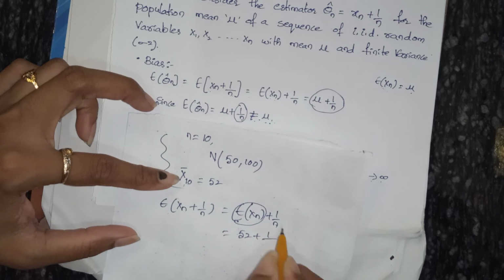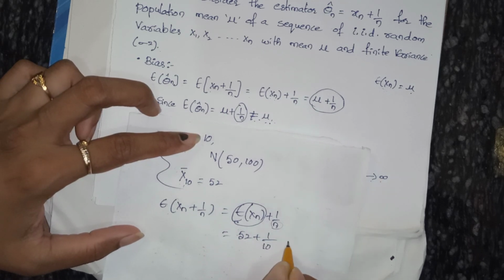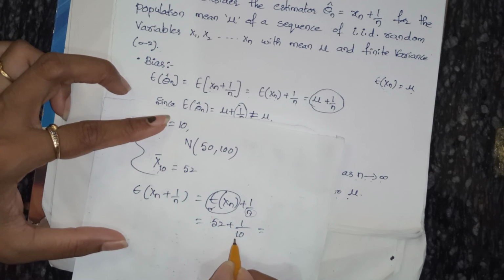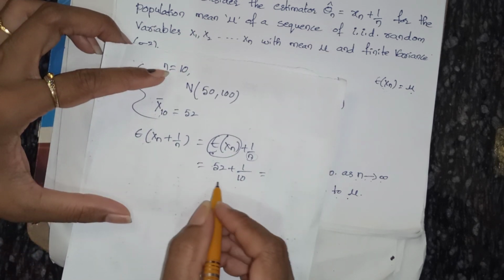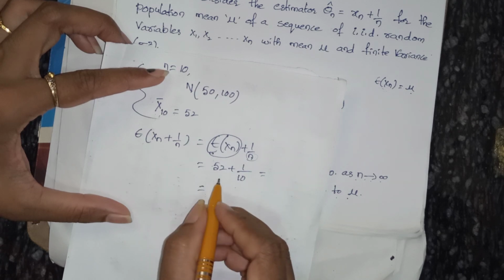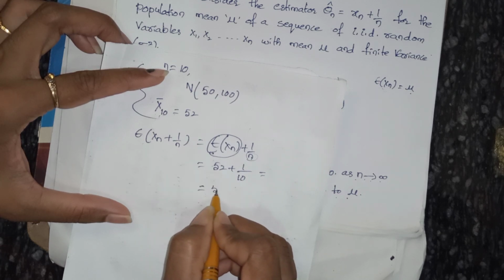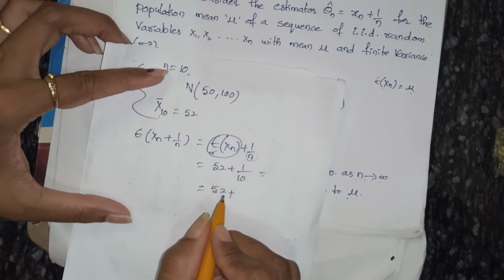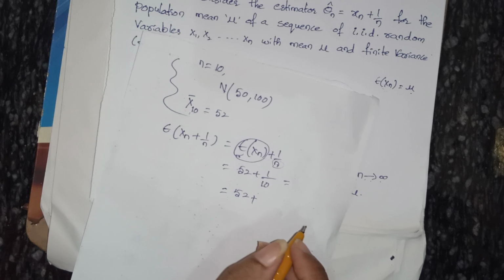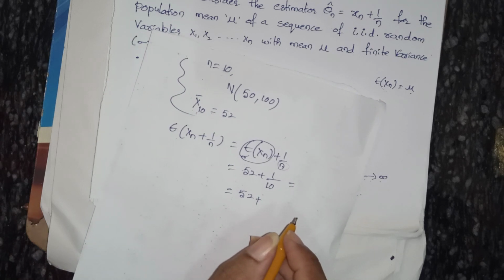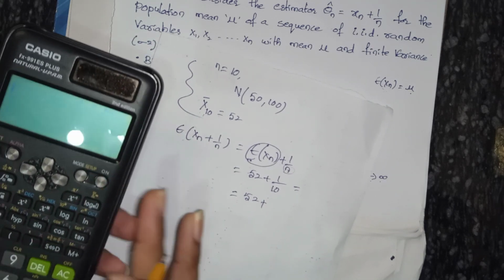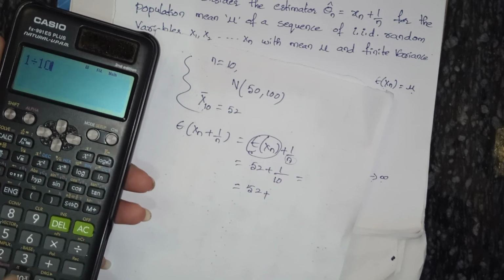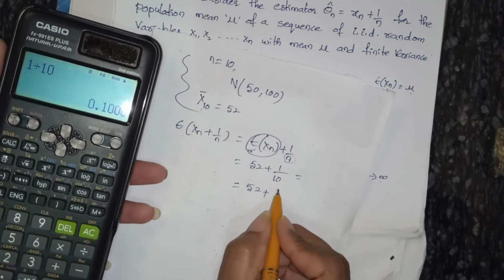Plus 1 by n, where n is 10. 1 by 10 is nothing but 1 divided by 10, which is 0.1.